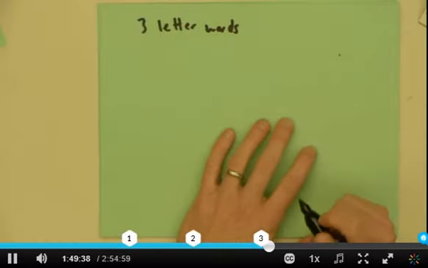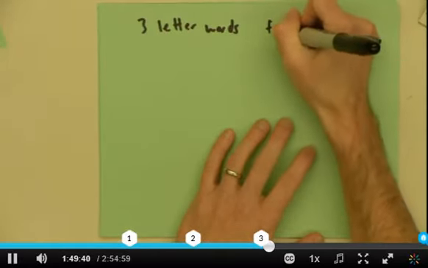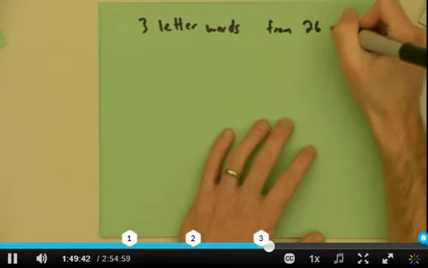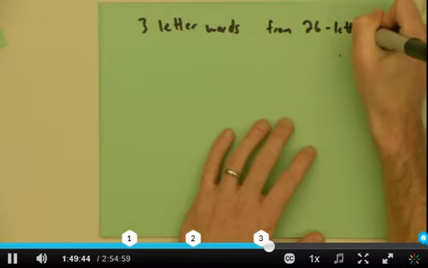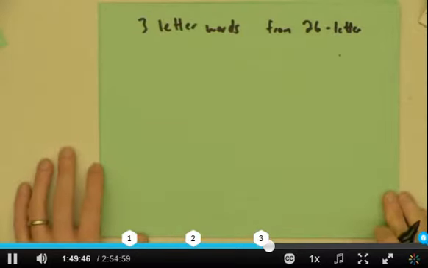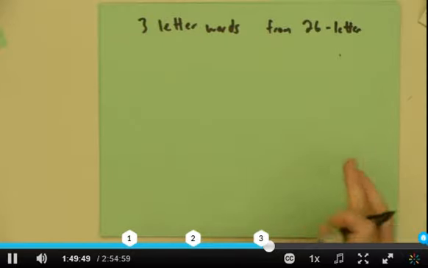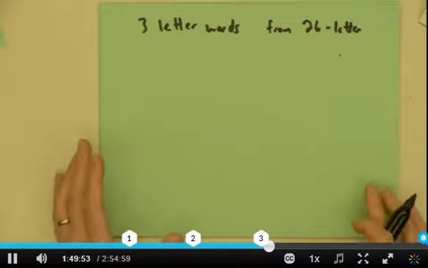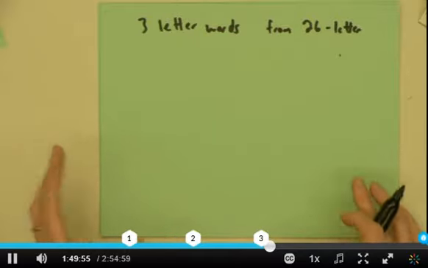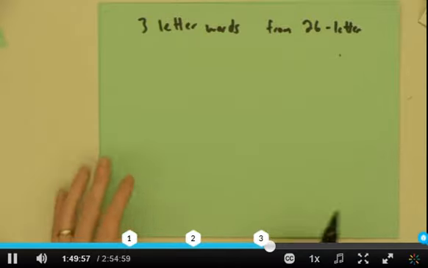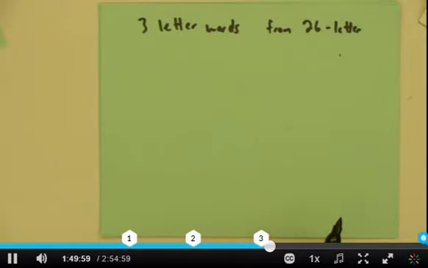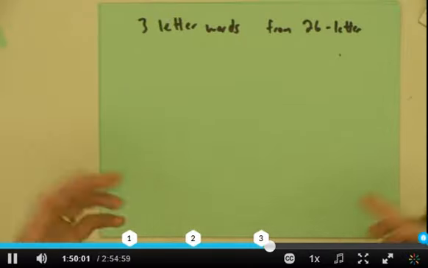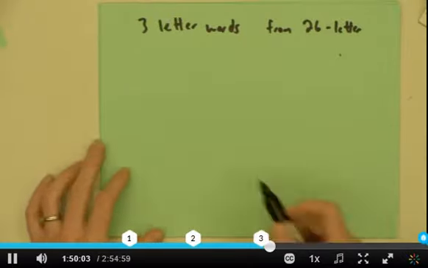So we're going with 3-letter words from a 26-letter alphabet. If I didn't know permutations, how would I calculate that? Well, I would use the same organizing principles I used before when I tried rearranging the letters or rearranging the students. I'm going to make a 3-letter word without repetition.